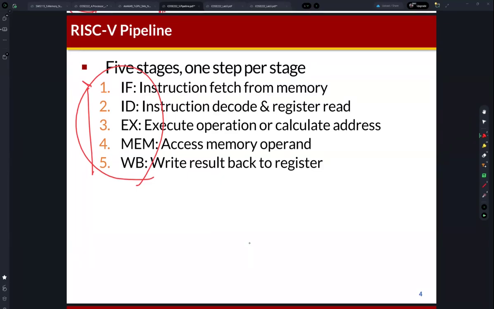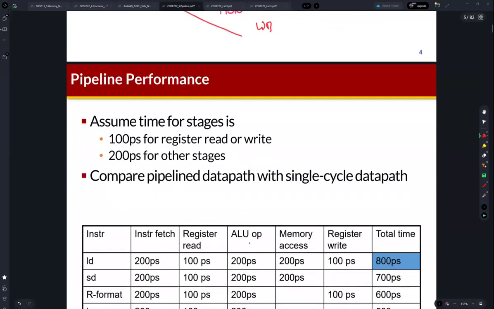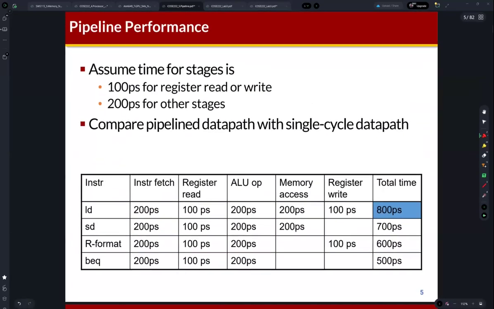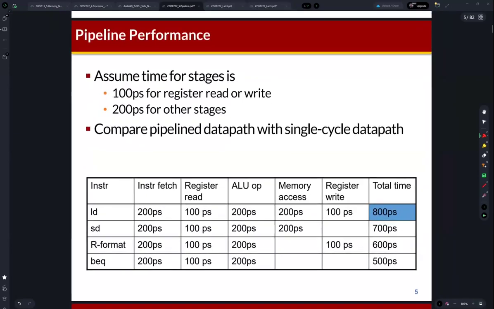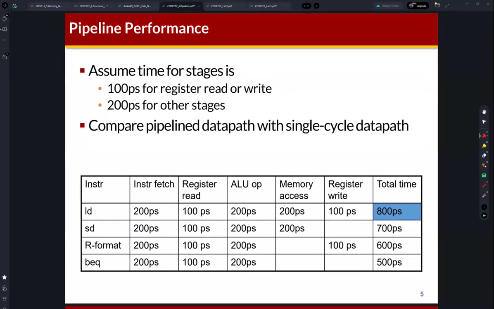And we can apply a single pipeline stage to each step, like the instruction fetch, instruction decoding, execution, memory, and write back. Okay, so let's think about the pipeline performance.